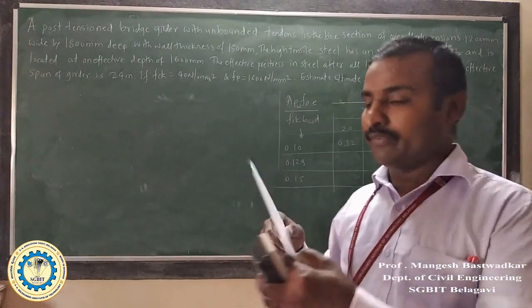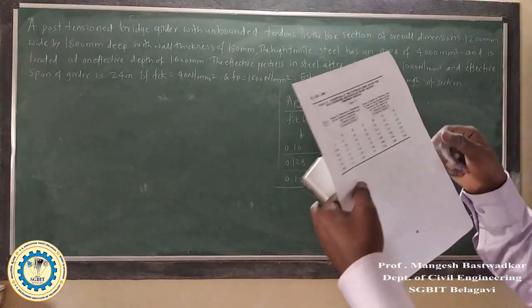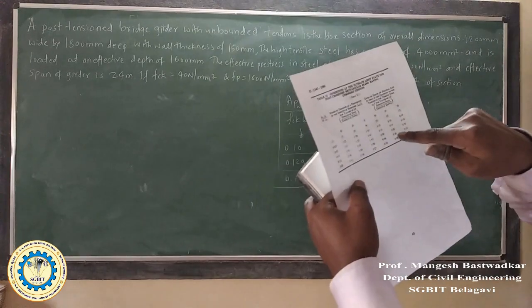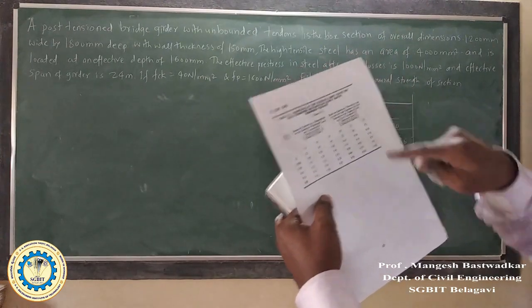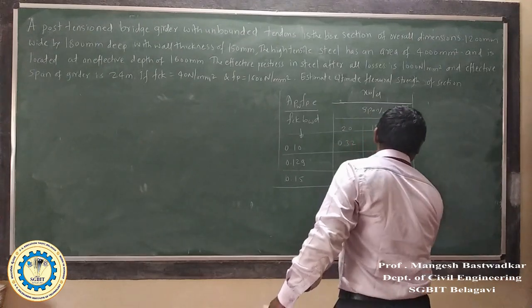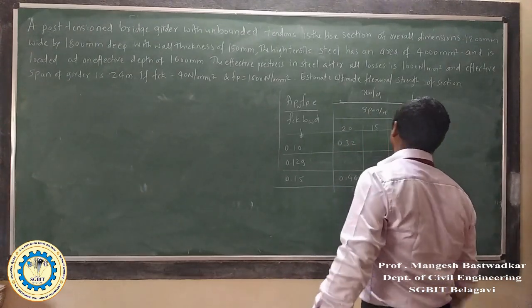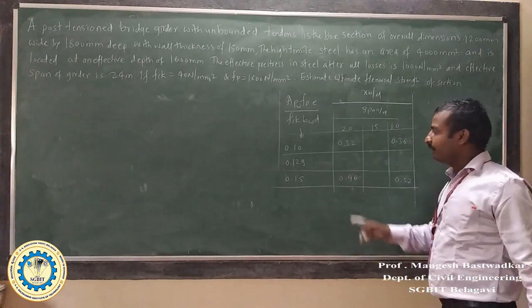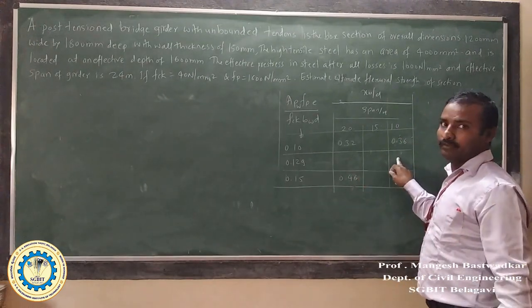Similarly, for 0.15 effective reinforcement ratio, write the values from this table. So this is 0.46 and 0.52. This is 0.46 and this is 0.52. Okay. So now again similarly we will obtain this value by interpolating.